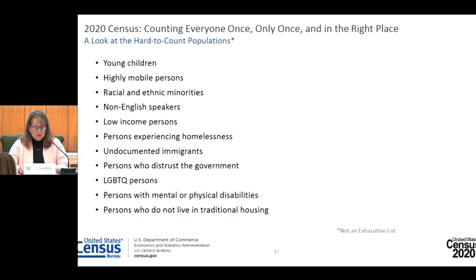Hard to count populations include young children, highly mobile persons, racial and ethnic minorities, non-English speakers, low-income persons, persons experiencing homelessness, undocumented immigrants, persons who distrust the government, LGBTQ persons, persons with mental or physical disabilities, and persons who do not live in traditional housing. Other groups not listed could include college students, the military, and persons living in buildings requiring special access.